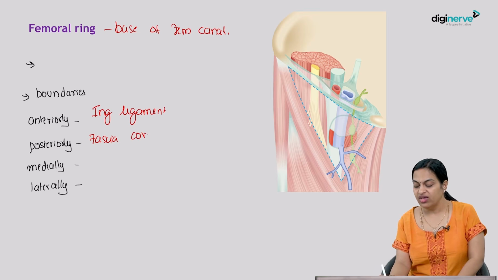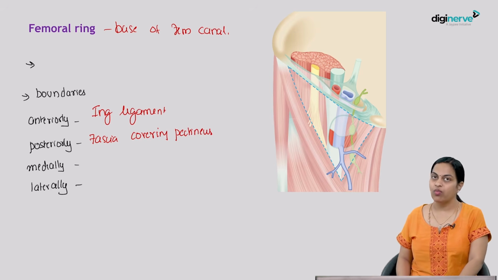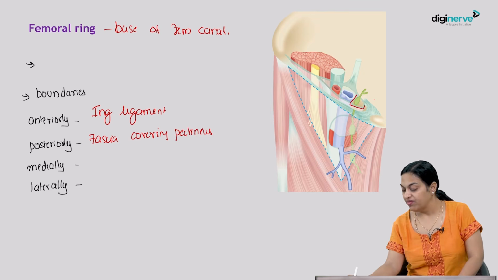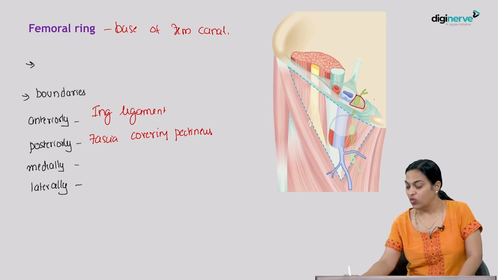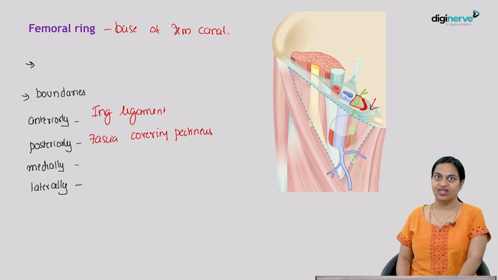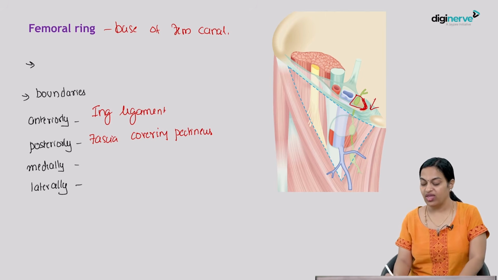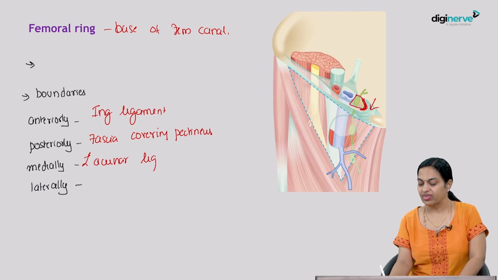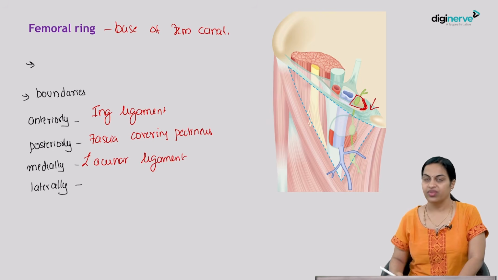So the fascia covering pectineus muscle forms the posterior relation for the femoral ring. This is a femoral ring, right? So medially, you see one important structure, an extension of the inguinal ligament, called the lacunar ligament. Very important, okay?